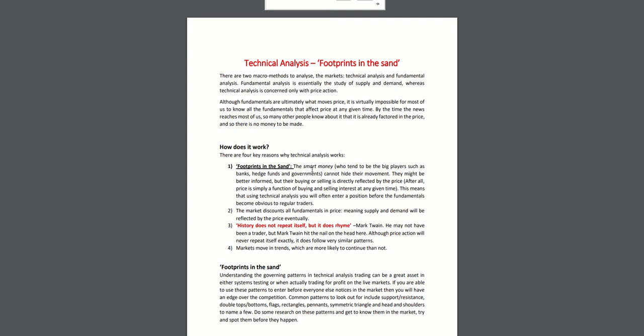This means that using technical analysis, you will often enter a position before the fundamentals become obvious to regular traders, because you're going to see the big players move the market, and then maybe half an hour later, you might hear some news. But you're already in the markets. You're ahead of the regular traders.